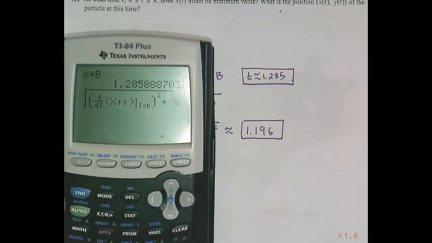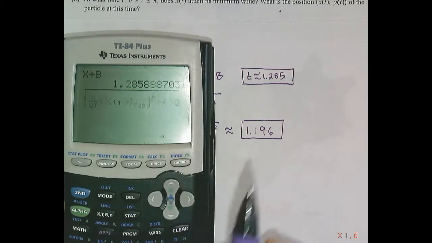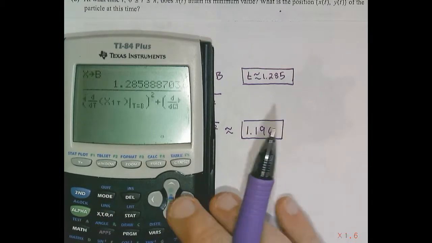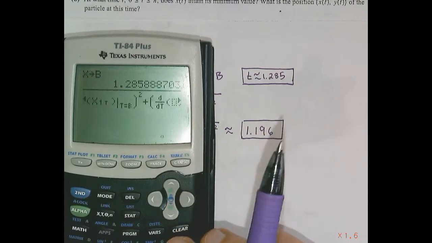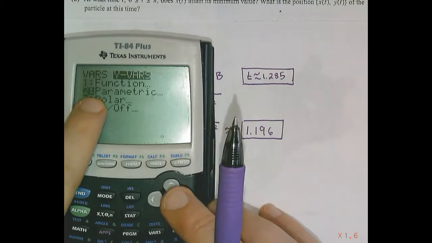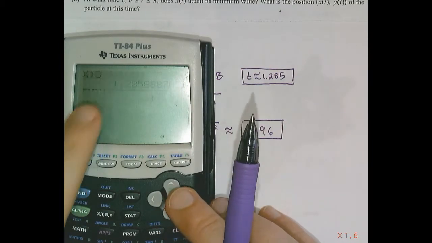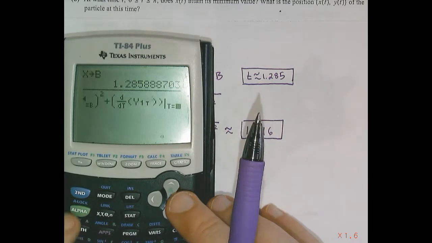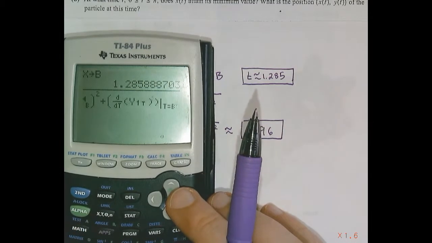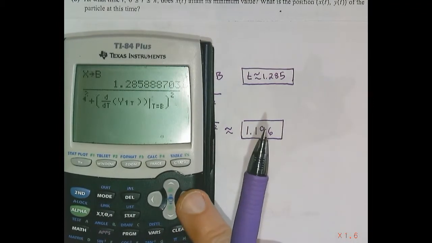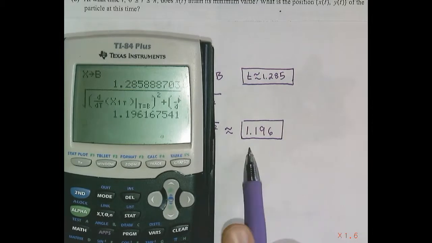So that's parentheses, and then on the inside of our parentheses, math 8 for the derivative with respect to t, vars, y vars parametric, and this time we're taking the y coordinate, close it at b, and we're going to square that value. And if we typed everything in right, we should get that answer. Hooray!